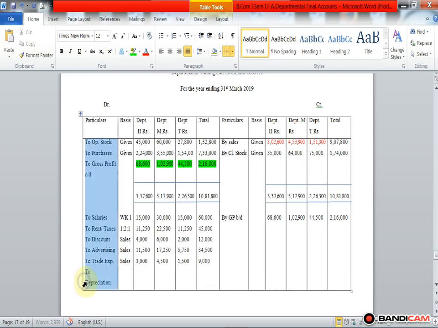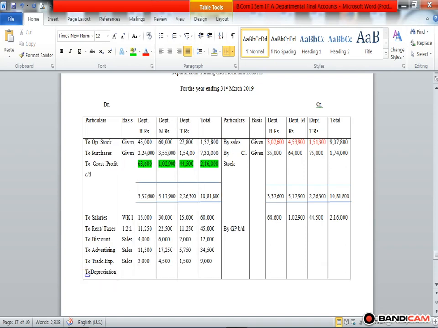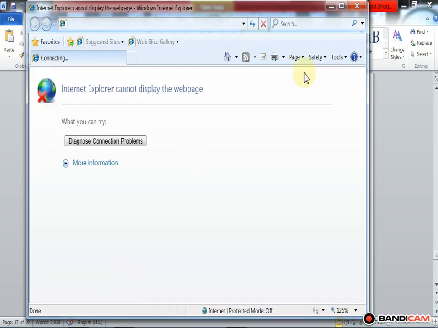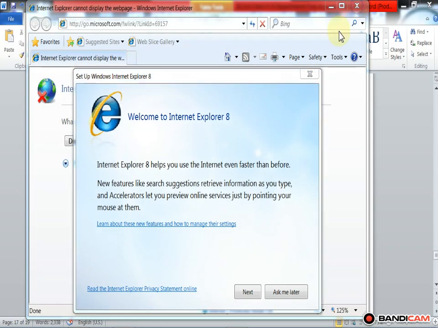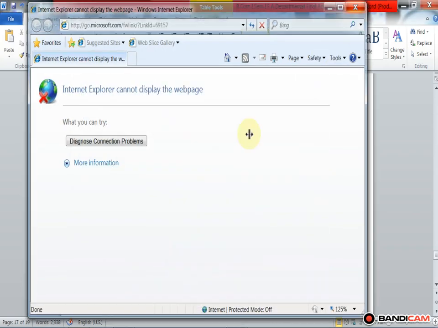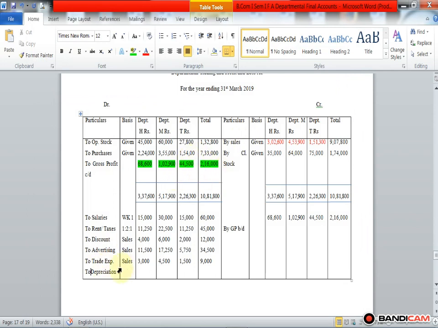Okay, so depreciation is allocated between each department on the ratio of 1:1.